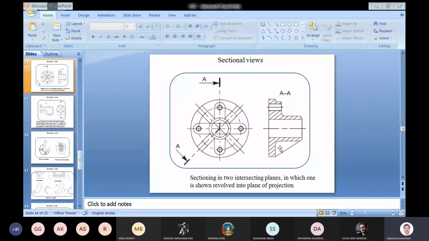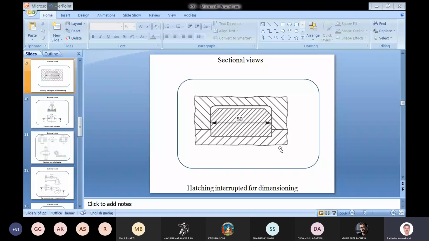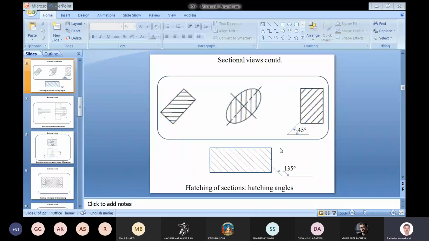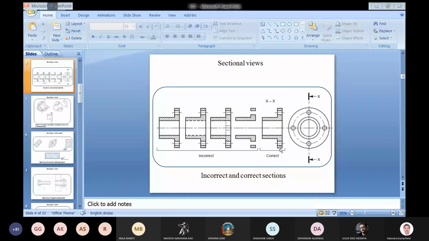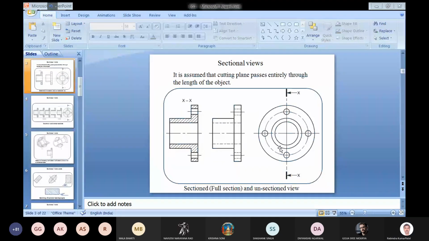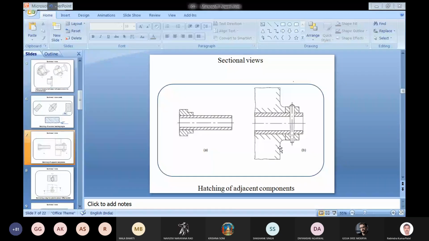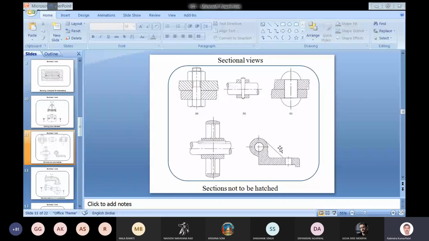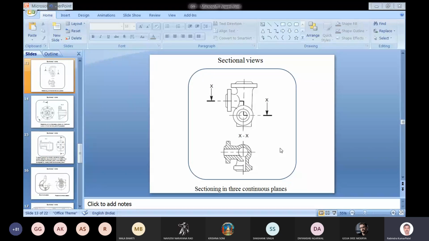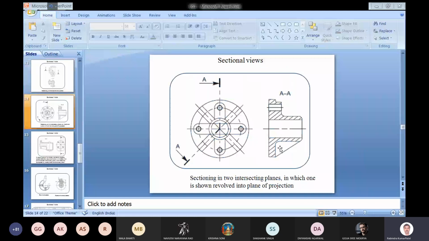So the same part can be seen here. But the section is not given. So only those examples are there, but I will show some examples of how the same part can be sectioned in some directions and not in others.